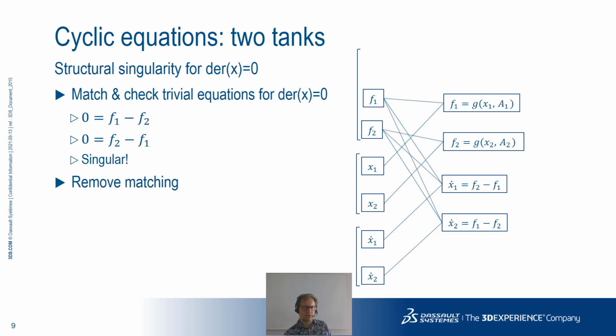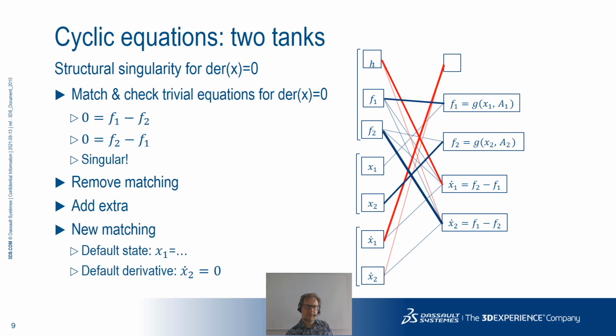And of course we remove the matching, and then we add this extra variable h and the empty equations with incidences in red, and then we do a new matching, and we see that one of the states will be unmatched and one of the derivatives will be unmatched, which means that we can set that state to an arbitrary value and the other state will be computed from it, and we can set the one derivative to 0 and the other will then be computed to be 0 as well.